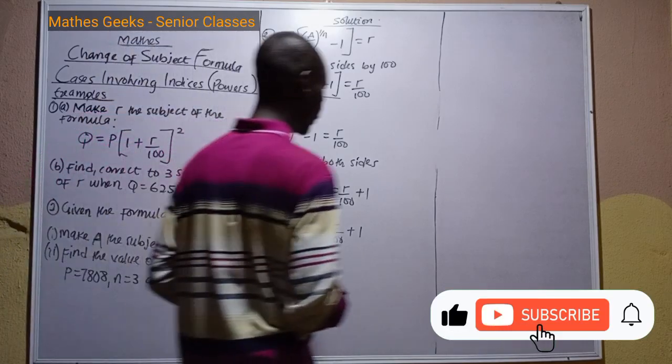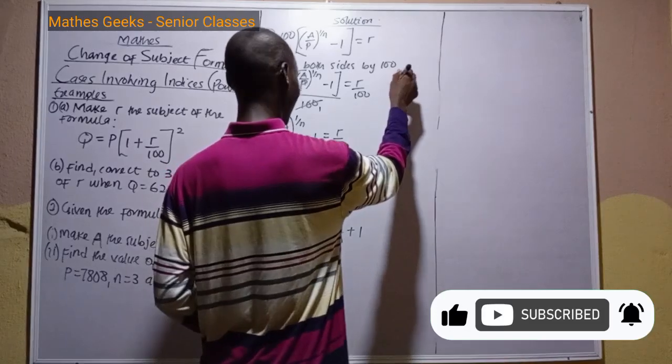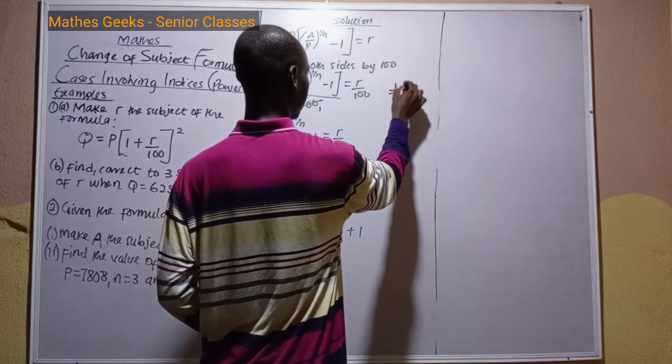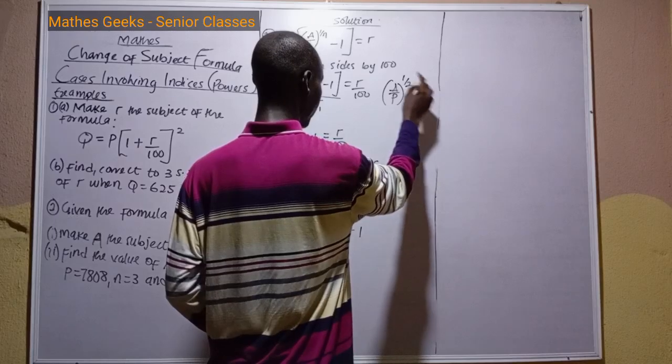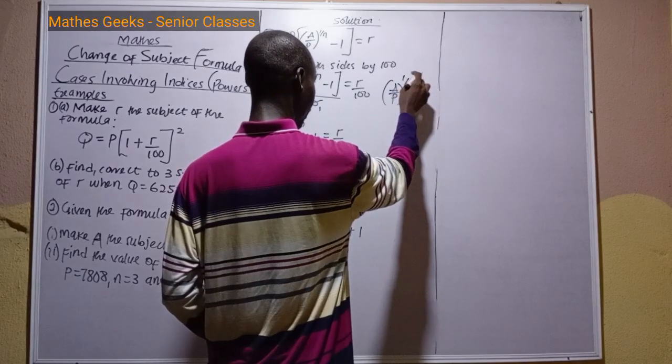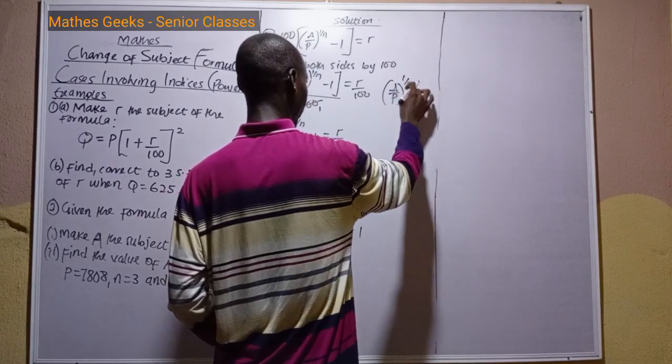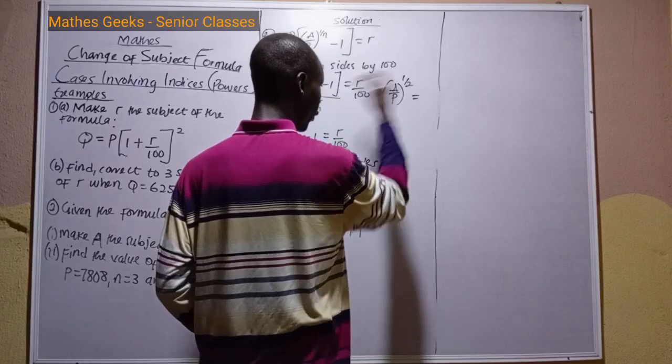Remember that if this were indices, assuming it was something like a over p equals 1 over 2, you need to eliminate this fractional power so that we can make a solid formula on this side.